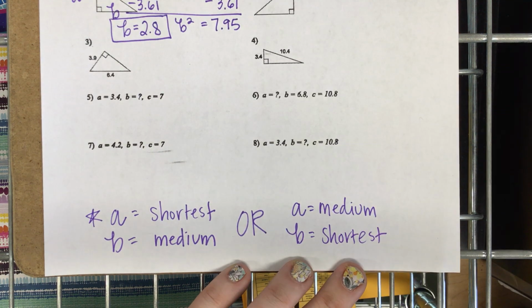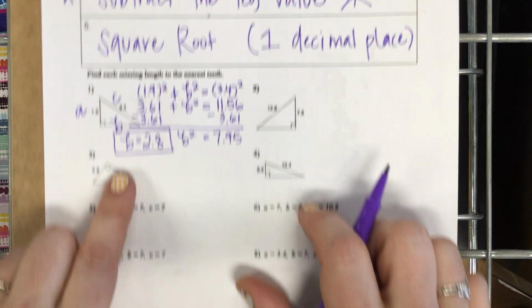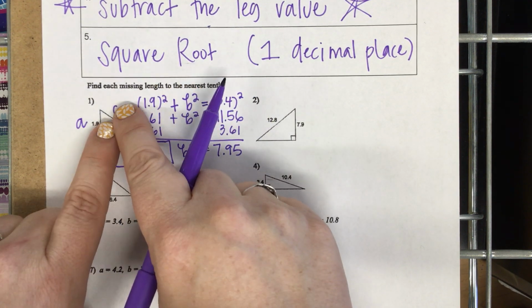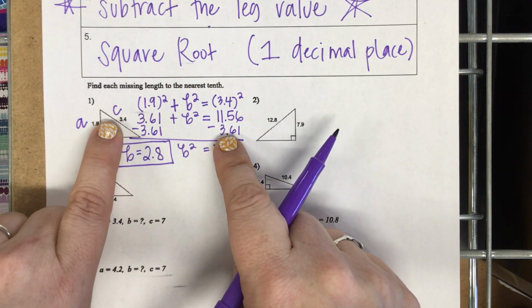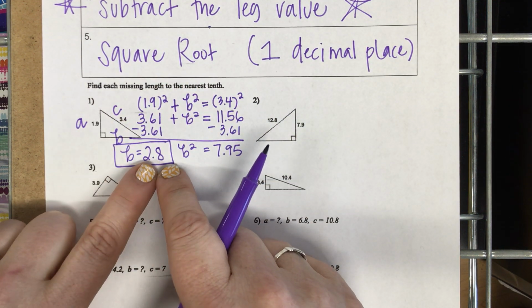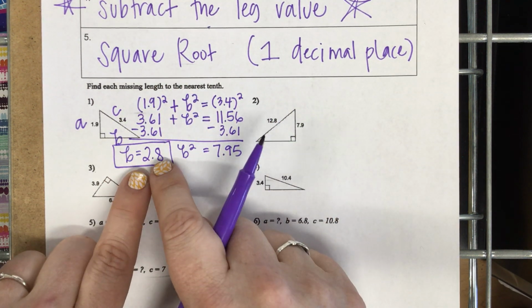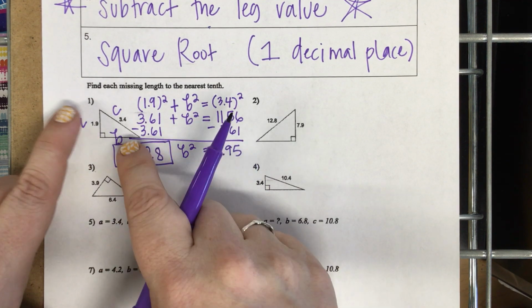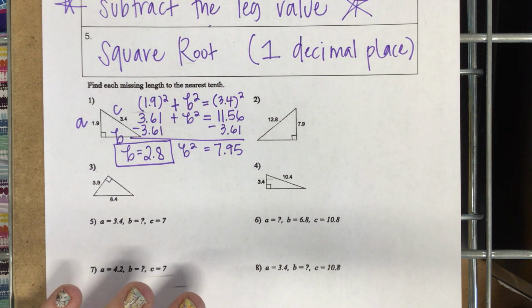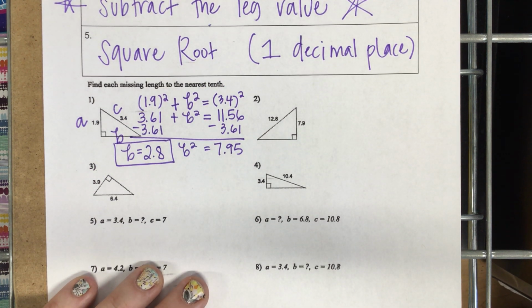You cannot switch C. So sometimes when you do all of this work and you put the short side in for A and the medium side for B and the C as your hypotenuse, your longest side, when you get down to the very end and you solve for B in this problem, it might actually be smaller than A. That's okay. These two can flip-flop. The C has to always be the longest side.